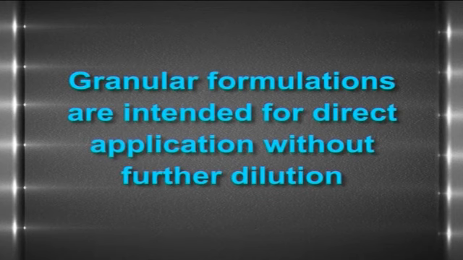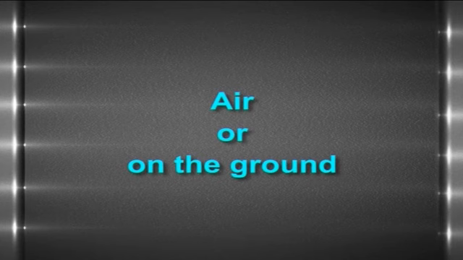Granular formulations are intended for direct application without further dilution. They require specialized dispersal equipment and may be applied from the air or on the ground. They may be used with small hand-cranked units or simply scattered by hand.